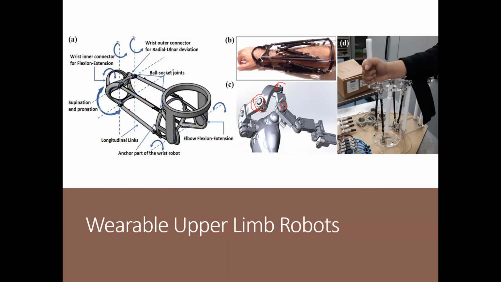These 3 would give the required shoulder motion. This is for the elbow, and this is for the wrist joint. It looks a bit complicated and intimidating, but in actual use it is not. We use it in our lab here.